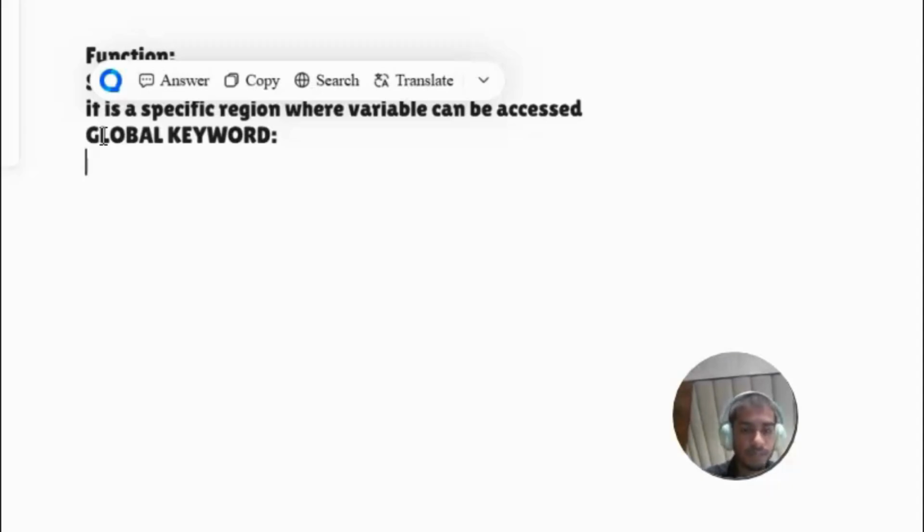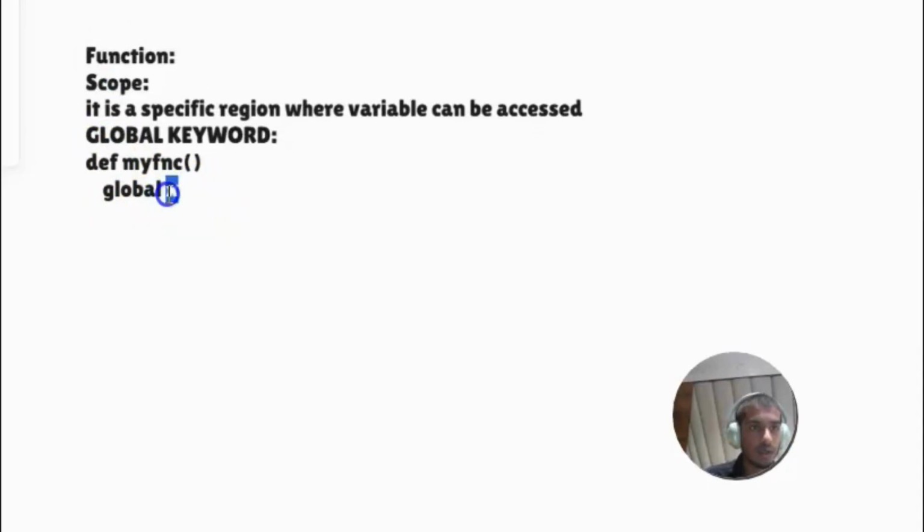Let's take one function and take the global x here. You can change the local x to the global x. That's the use of the global keyword.